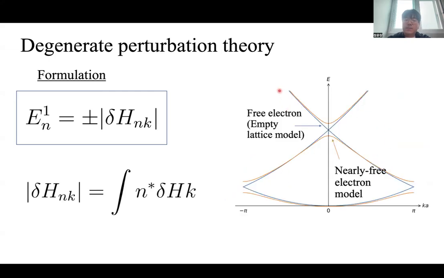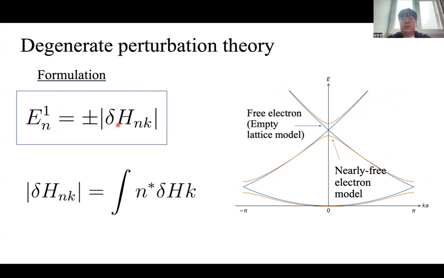When we had this free electron model, everything was just simple lines, and they had these cross points where I had multiple values. What degenerate perturbation theory says is that if I now consider this delta H, which is the potential of the actual lattice, since I'm not solving for a free electron, I need to actually consider that potential of the lattice.